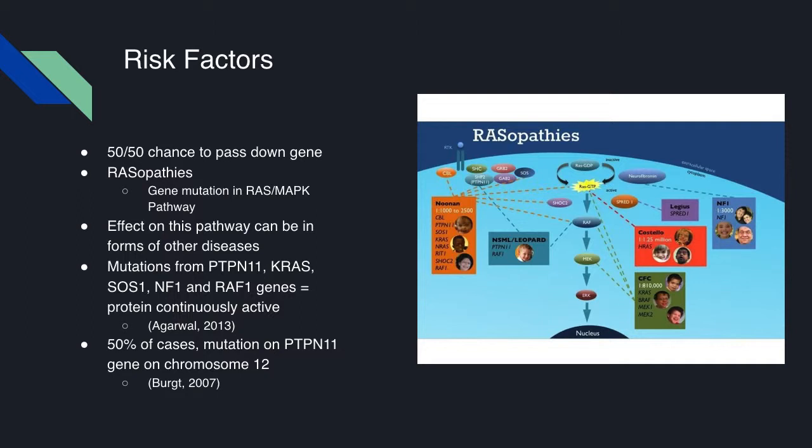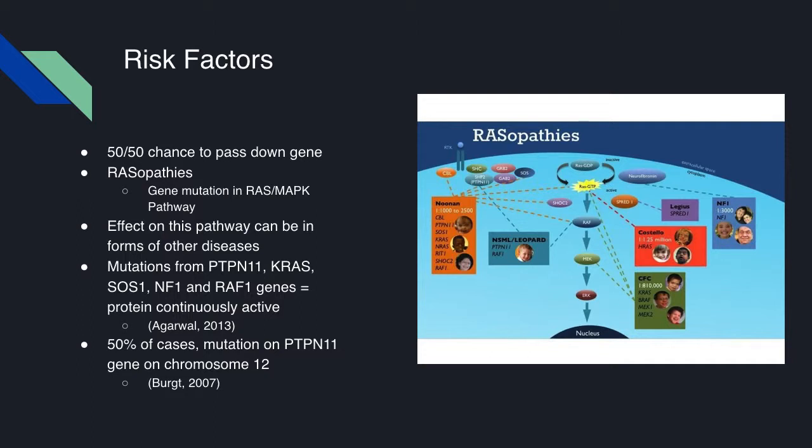So with this, we wanted to go a little bit further into these RASopathies. RASopathies are a group of related conditions associated with several genes, which I said in some of the previous slides, that affect Noonan syndrome. These RASopathies are gene mutations within the RAS/MAPK pathway, which is very crucial in cell division and growth, which we know as proliferation, carrying out specific functions, differentiation, and cell movement.